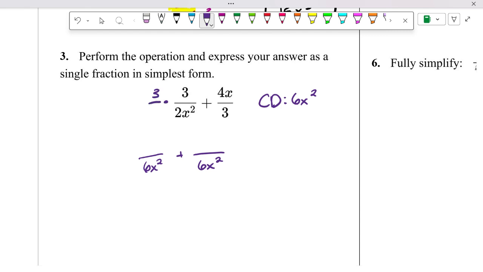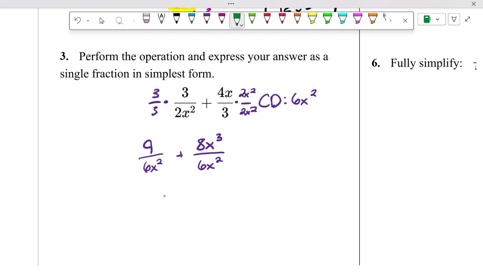So what would your new numerator be? 9. And then Julian, what do I have to multiply to the other fraction? So what might the new numerator be? 8x what? Cubed. Good. All right.